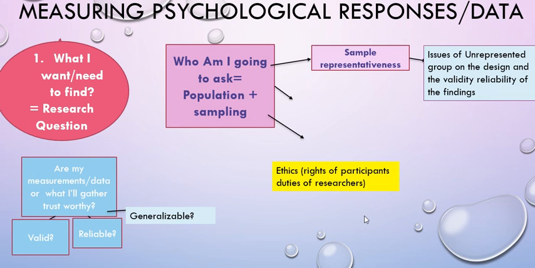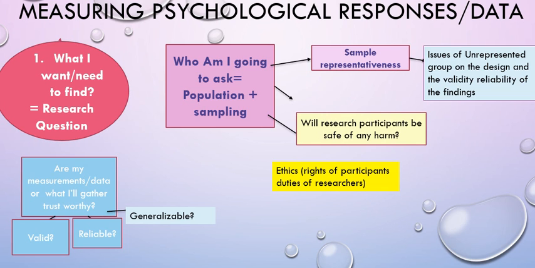And in order to proceed discussing the data and how we measure psychological responses, we need to remember that in our mind, when we collect this data, we have to make sure that our sample, our population, is not going to suffer any emotional or physical harm, now or later, intentionally or unintentionally. This, therefore, has to overarch my data collecting method. Okay?